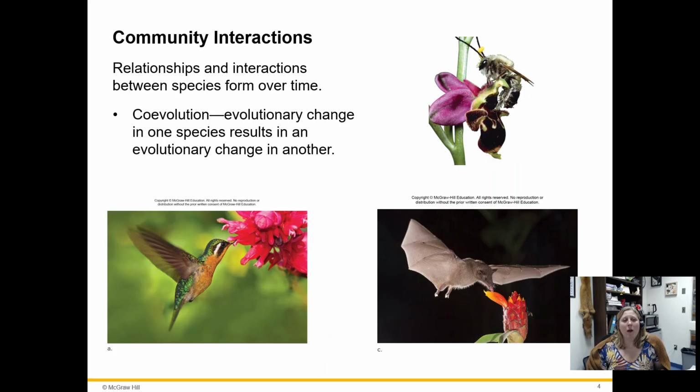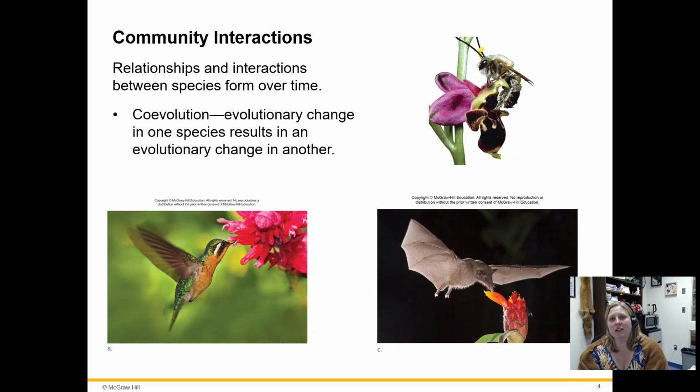That's weird. But what that is, we had some changes, some modifications, some mutations that resulted in those flowers that seemed more similar to the female wasp on accident being more attractive to the males. That resulted in increased pollination of those flowers, which then led to an accumulation of those traits over time.